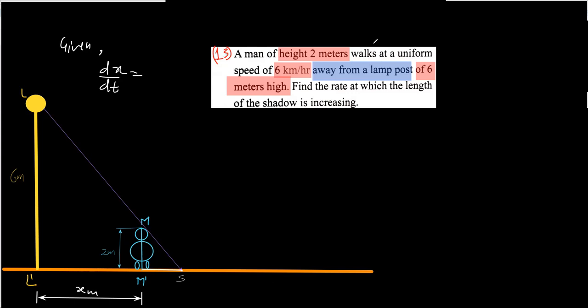Next, from lamppost to shadow, or the length of the shadow, I will take it as y. This I write as y.